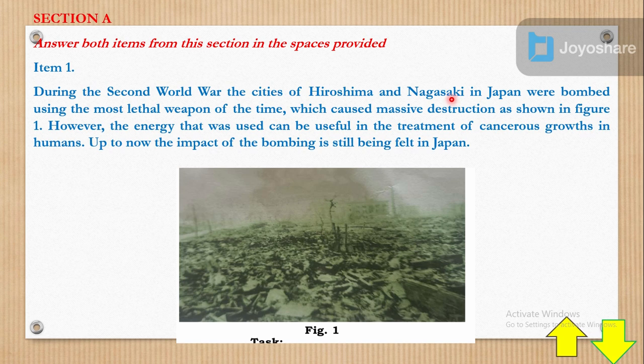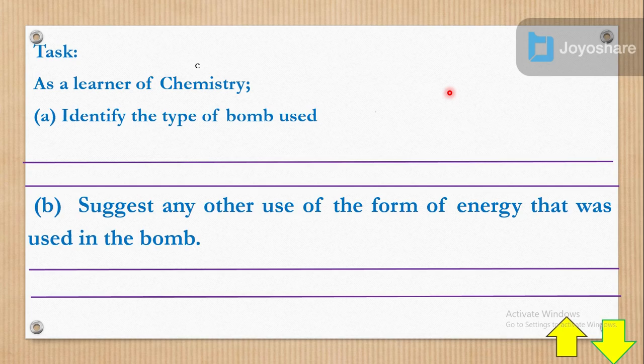I'd want to see which questions will come next. So the task says, as a learner of chemistry, identify the type of bomb used. We say that is part A. Remember that part A talks about the category, and part B talks about the function.